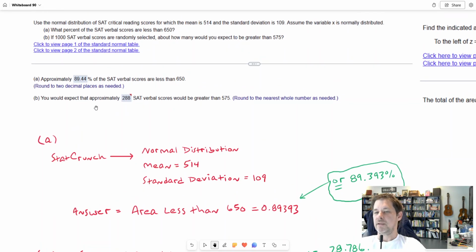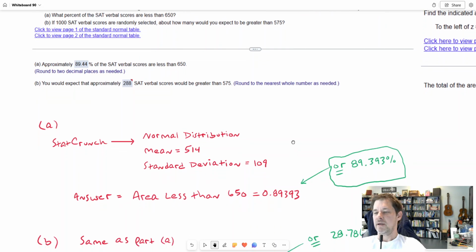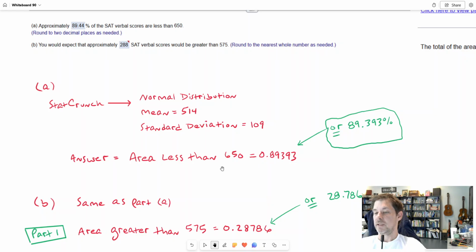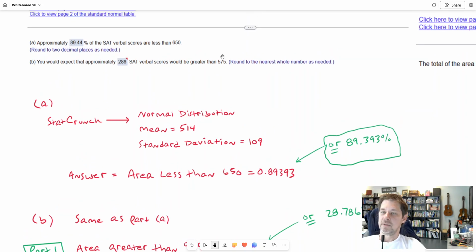How many SAT scores would you expect to be greater than 575? Now, I noticed A and B sound like they're asking the same thing. How many scores less than 650? How many scores greater than 575? The difference is, part A, it says, what percent of students do you think would score less than 650?